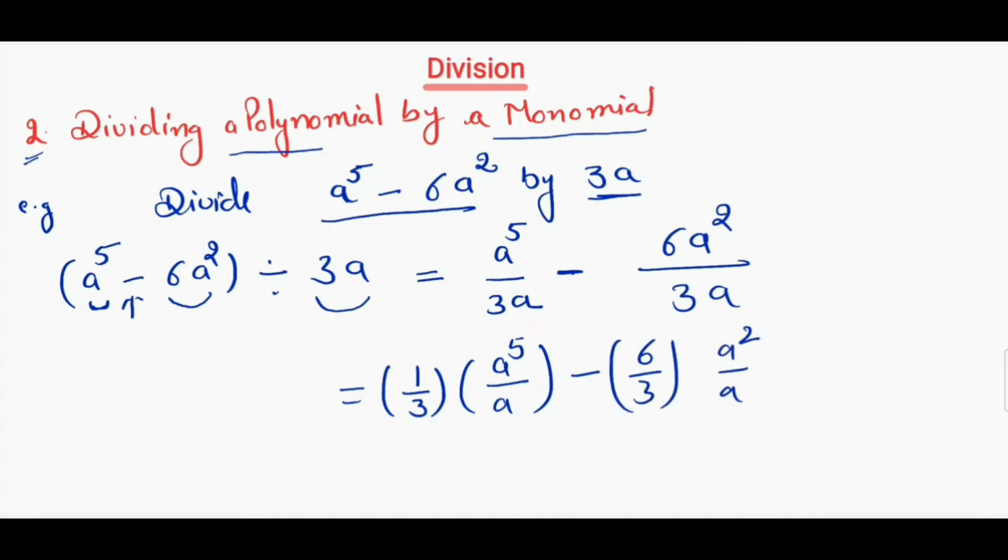So it will become 1 by 3 a raised to power 5 minus 1, which is 4, negative, this will become 2, and a raised to power 2 minus 1, which is equal to 1, and this is my answer here.